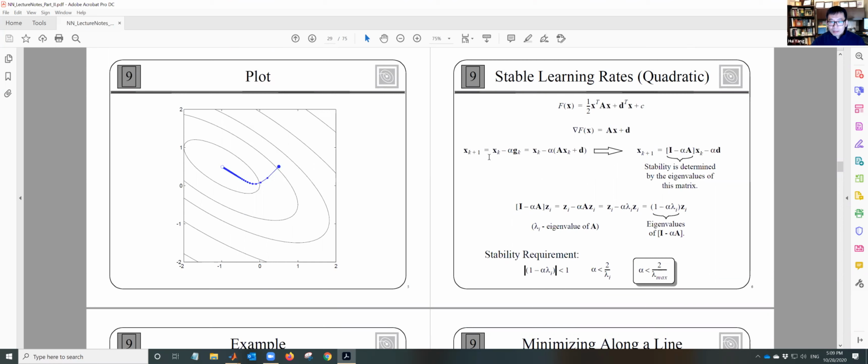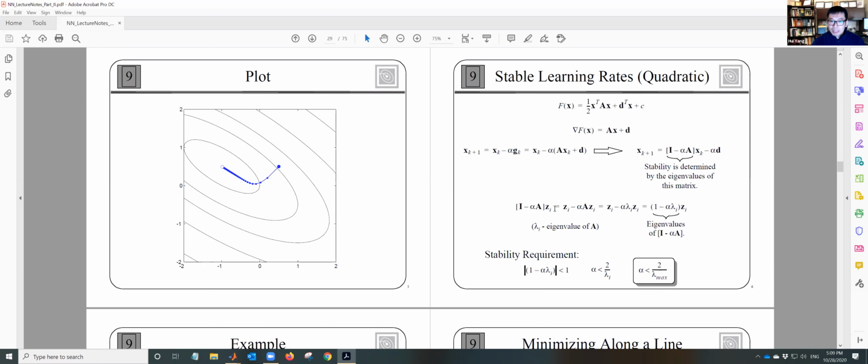This is the gradient search direction, the gradient rule. You put this gradient into this equation and move these terms together. That is xk minus alpha A xk, giving I minus alpha A. Stability is determined by the eigenvalues of this matrix.